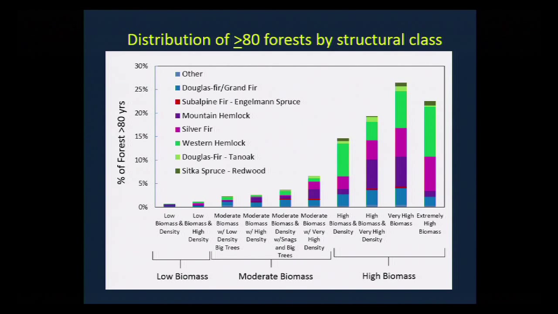For instance, low live biomass and low density is a slower, protracted stage of regeneration. You see more of it in the drier Douglas fir and in subalpine forests. You don't see very much of it in western hemlock. And so depending on the biophysical environment, these 80-plus-year-old forests can look very, very different.